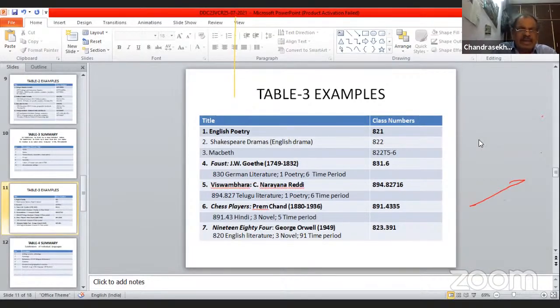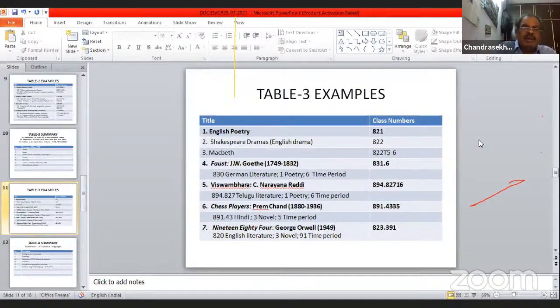But 89 is the other literature. Literatures in the other languages, the other literature 89. So in that one, all Dravidian languages and Korean, Chinese, Japanese, all are there in the 89. 89 is a very big division, very big number. All the literatures are there in that one.